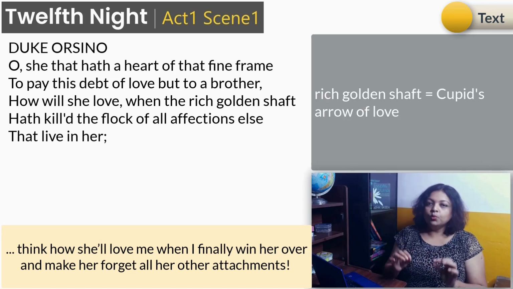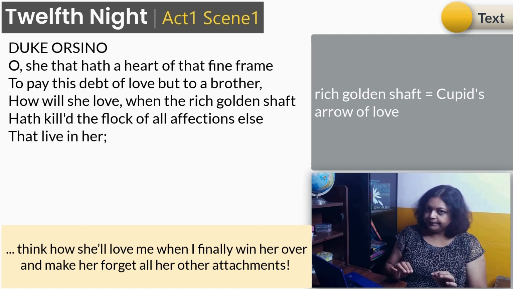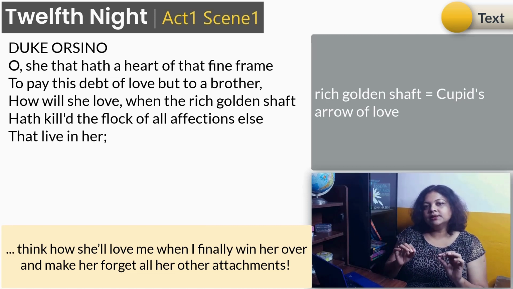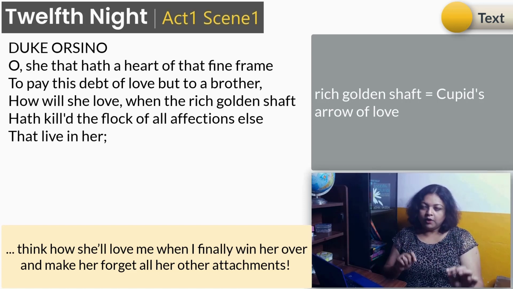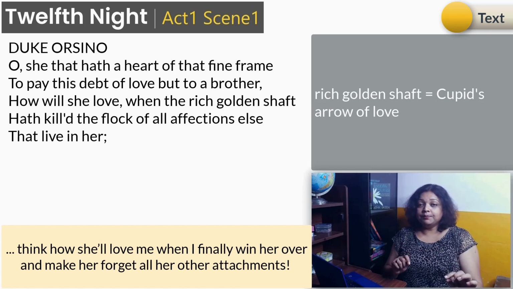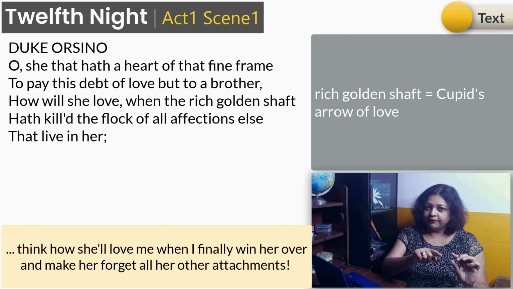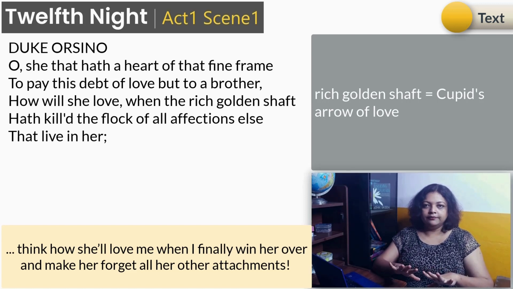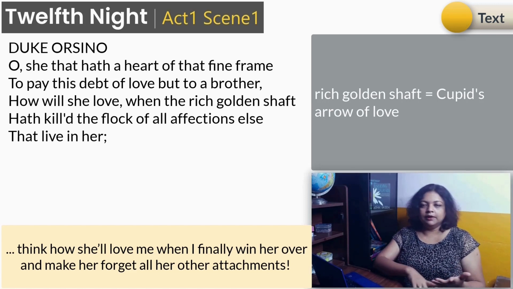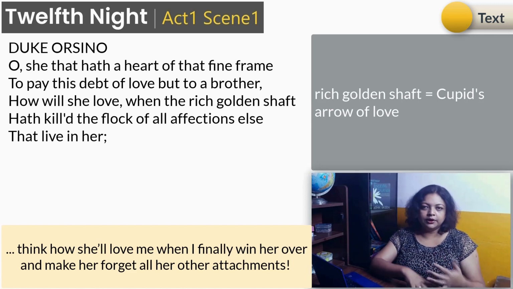Then Cupid, who is the god of love, the mischievous Cupid, he will shoot an arrow of love. And when somebody is struck by that arrow of love, that person forgets all other loves of his life or her life. Like the love for the mother, the love for the father, the love for the brother, everything is gone.